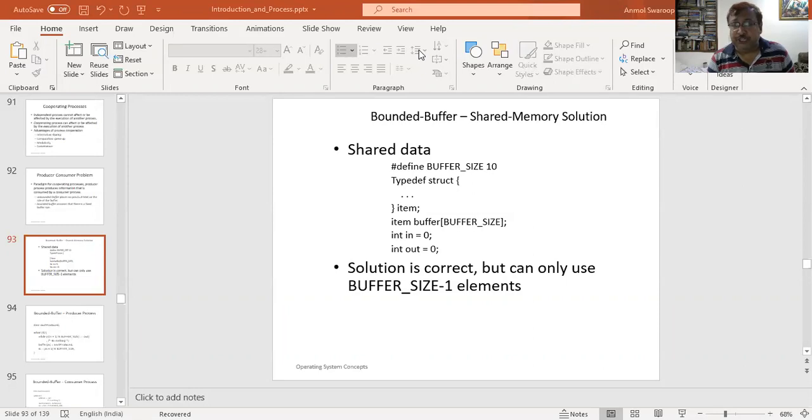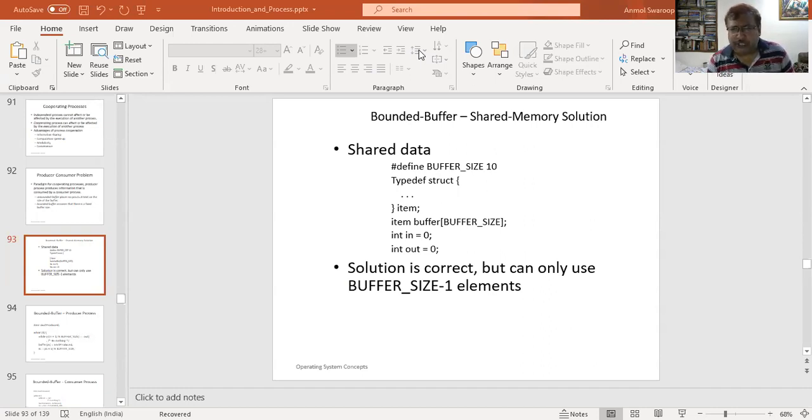So we talk about shared data. This buffer between the producer and consumer is being shared by both the processes. Okay, so this is my shared data. We defined a structure of the shared data. This is the size of the buffer. We are talking about the bounded buffer problem. Then there can be multiple elements.